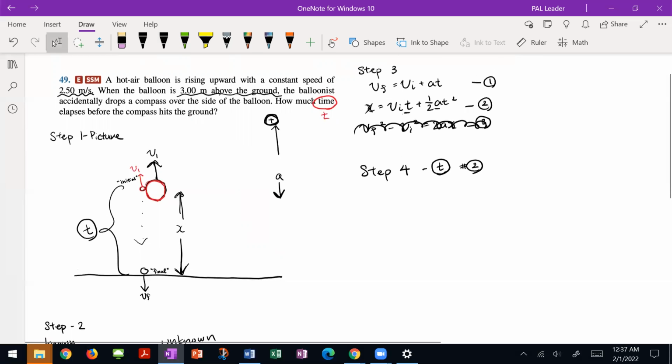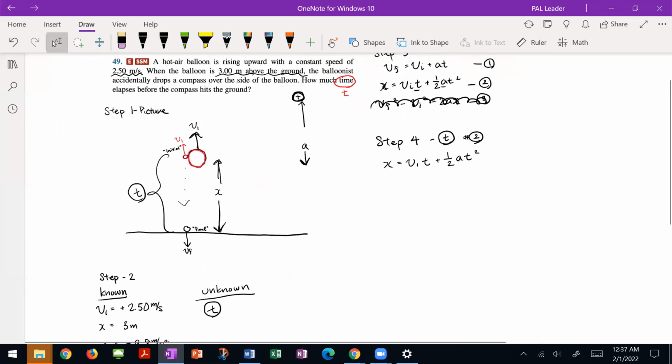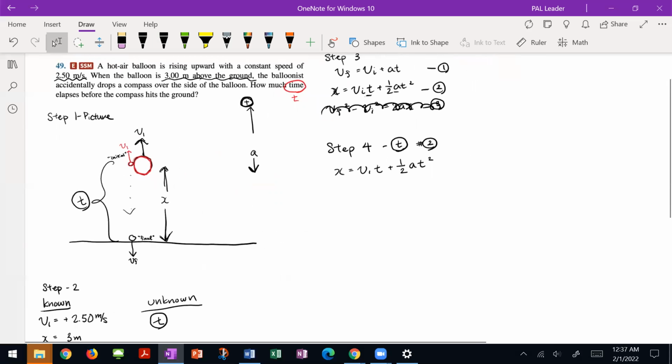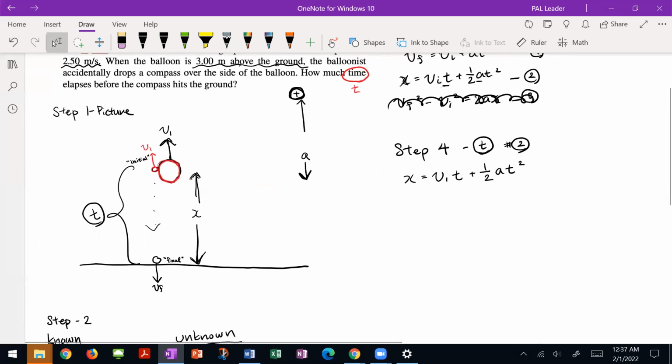I'm going to rewrite it. So x equals V1 t plus half of a t squared. And let's put in our numbers right now, because that part's a little tricky. Our displacement, we go from the initial to the final. We are going downward. That tells me that for our displacement, it's going to be negative 3 meters.